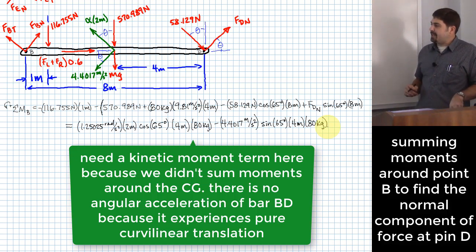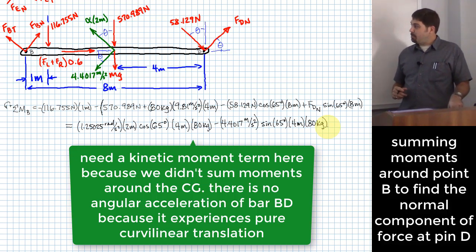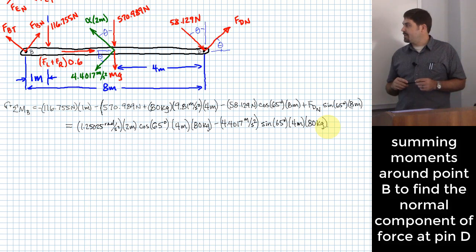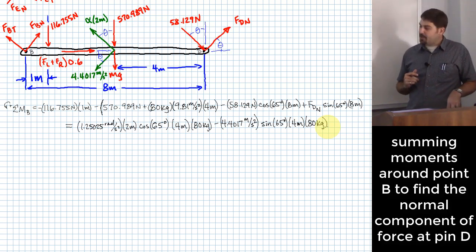Now that did make a very long equation. But what's the good news? It only has one thing you don't know in it: the force at D, FDN, in the normal orientation. In the interest of time, let me tell you what this works out to be.